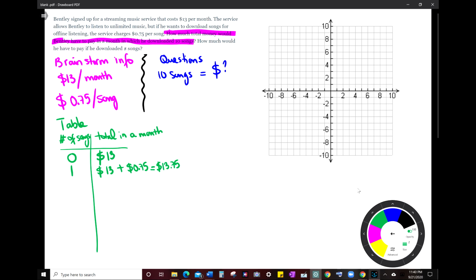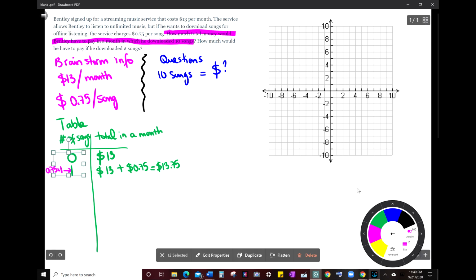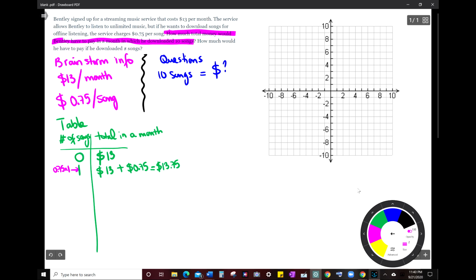Okay, so then I will make a note to myself. This one right here comes from 0.75 times 1. Maybe move it a little bit to this side. Okay, so now what if he downloads 2 songs? One song costs him 75 cents. Two songs will be 75 cents times 2.